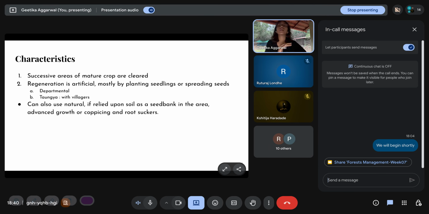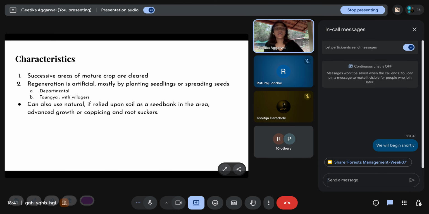Coppicing is basically when you cut a tree and the root system and a little bit of the bark is still left. From that, if you leave it alone, eventually fresh branches will start sprouting from that particular stump. And if you cut off all the branches and leave only one, that will take up the entire tree. It will start developing and become an entire tree.